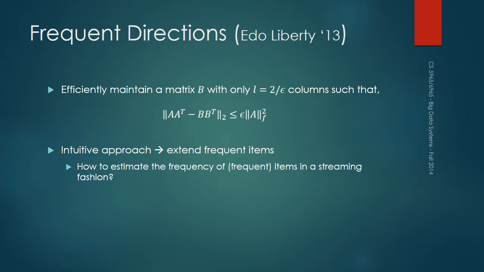So in this case, we parameterize it saying that we are only going to retain L columns, and let's say that we specify L as 2 over epsilon, where epsilon is a measure of the error that we want. It's inversely proportional, which tells you that the smaller the error I want, the closer I want my approximation to be to the original matrix, the more columns I would have to use.